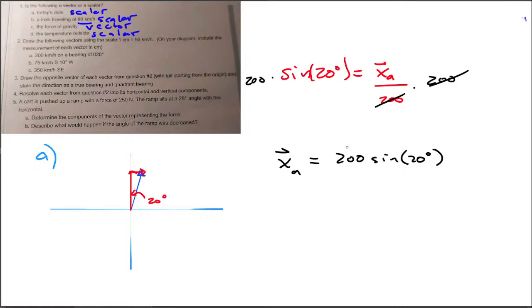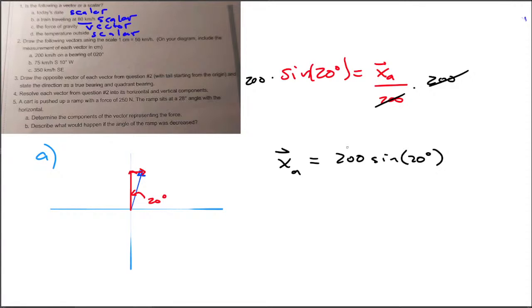So when you give this vector, actually, let me grab my calculator real quick. I found it. Here we go. I'm going to make sure I'm in degree mode, and I'm going to type 200 sine of 20.